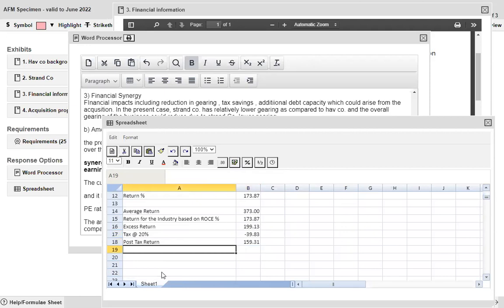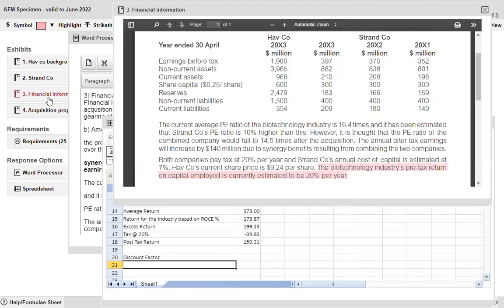Hence what happens is that the discount factor is to be incorporated. Now are we being provided any discount factor? 7%. So what happens is equivalent to 1 upon 7%.